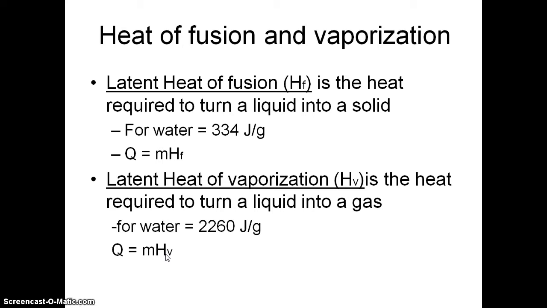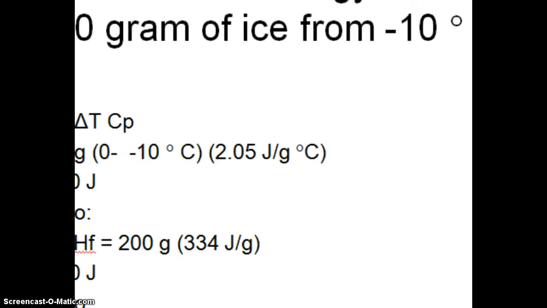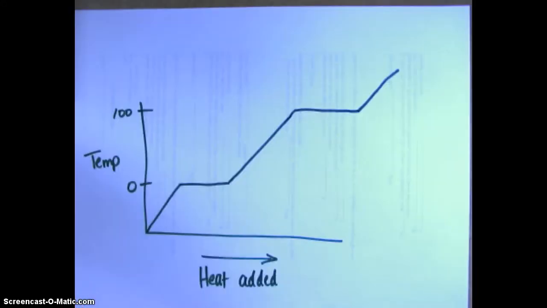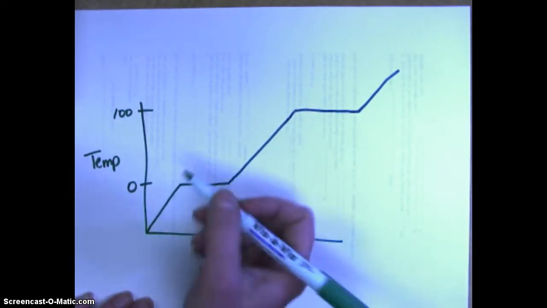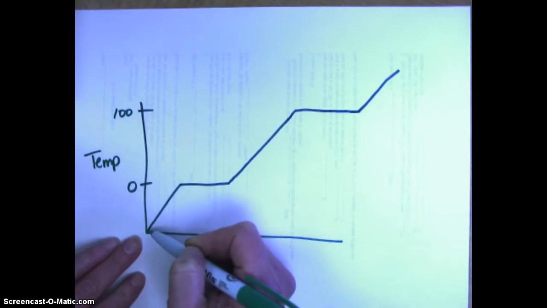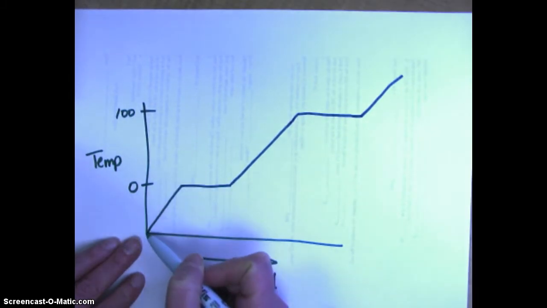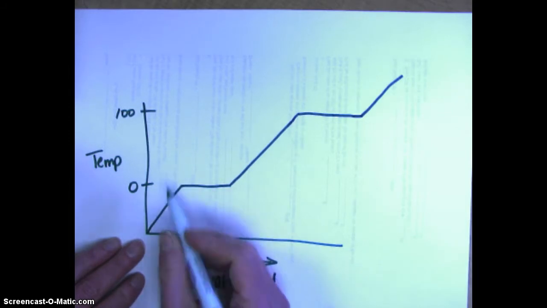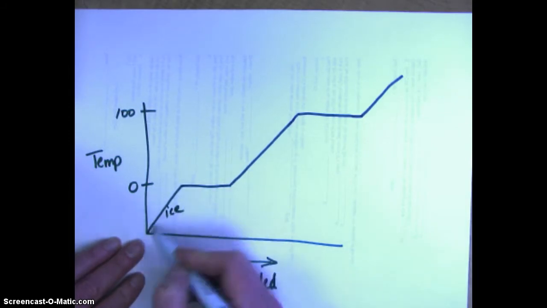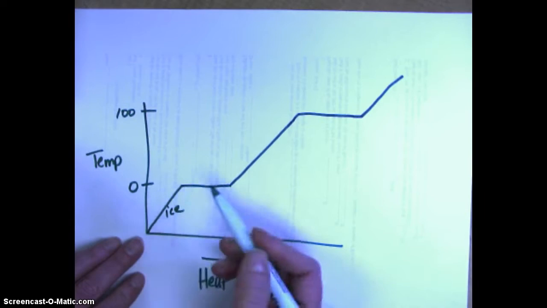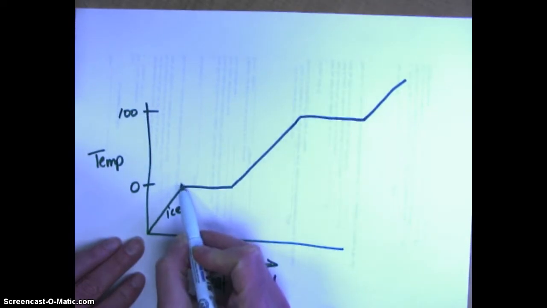So let's relate this to a heating curve. On this heating curve, if this is the heating curve of water, we have heat added to the system, and you can see when the matter is in the solid phase, when it's ice, the temperature of it increases, as we talked about before, and then it starts melting.